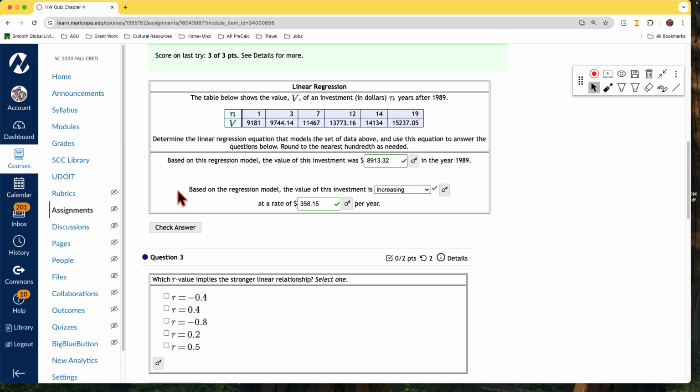Sometimes they want us to write it as an equation, y equals mx plus b. Sometimes they just want those values. So we have to know what is m. M is the rate of change. What is b? B is the starting value. Exactly. Slope is going to give us the rate, and that tells us whether it's increasing or decreasing.